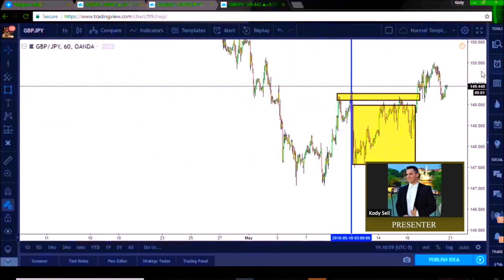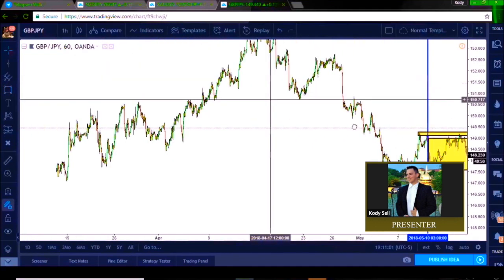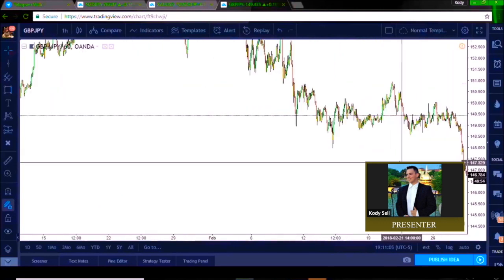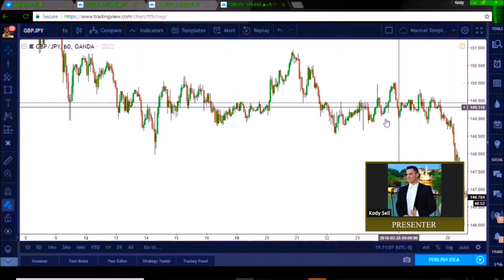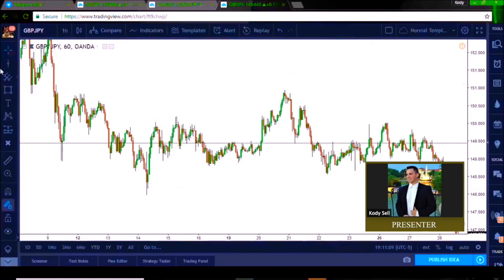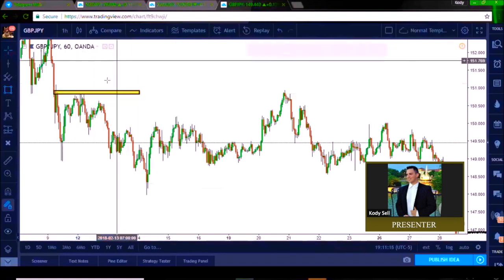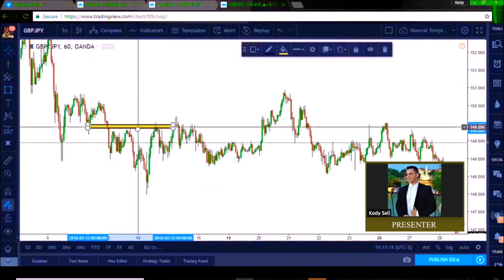Let's see if we can find a really consolidating market here. This looks pretty bad right in here. Okay, here we go. So this is where stuff's really going to start to break down, guys. We have structure right here, and then it gets updated down here.